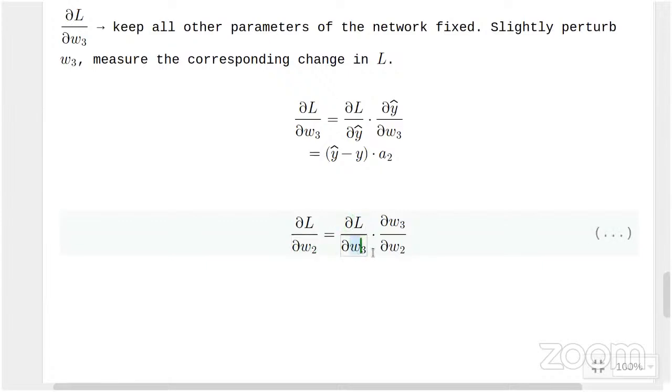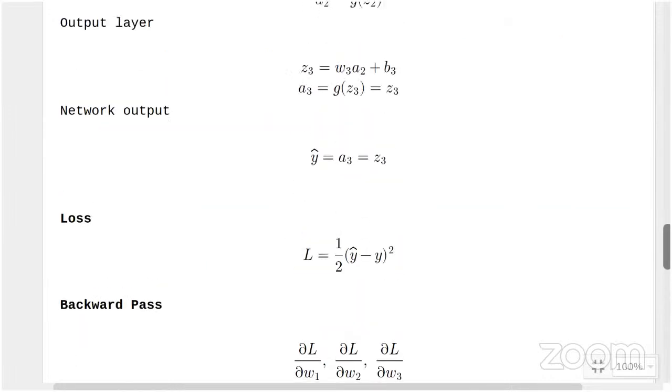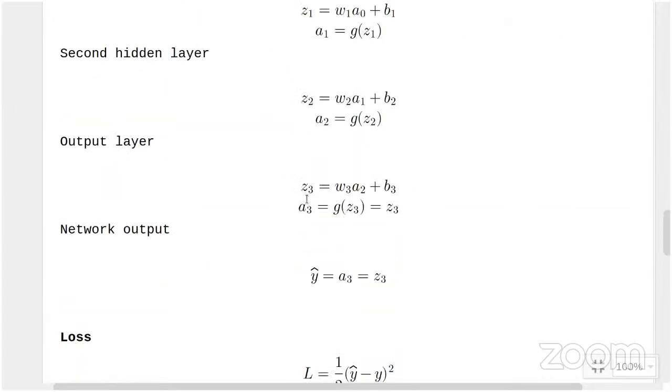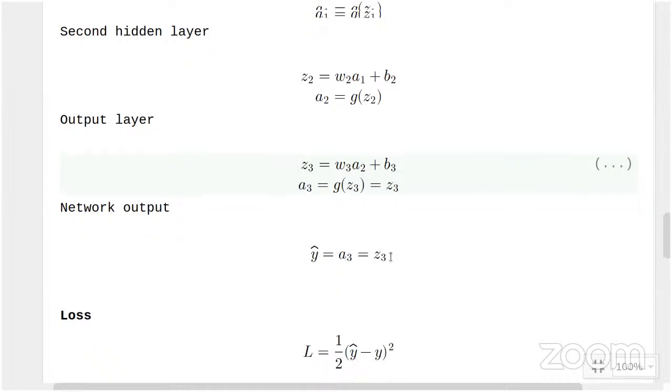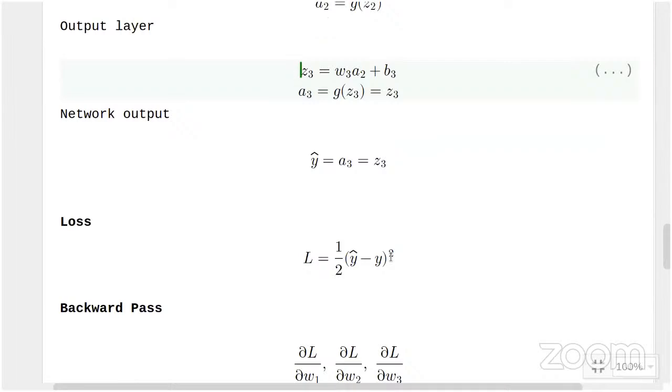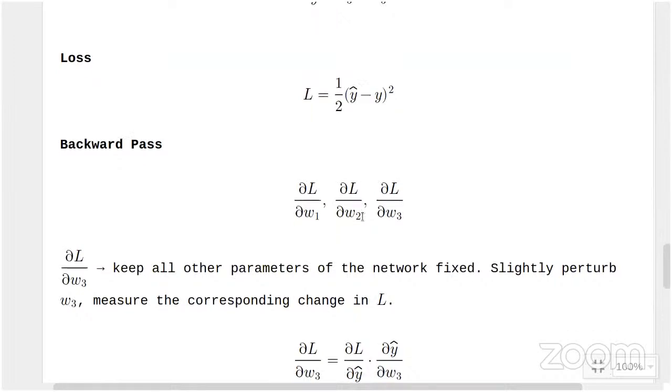This is what I need to compute. So I need to know how W2 affects Z3, how the loss gets affected by Z3, and then Z3 with respect to W2. So how does the loss change with Z3? We computed dou L by dou W3. Now what do you think will be dou L by dou Z3? Dou L by dou Z3 is already computed.